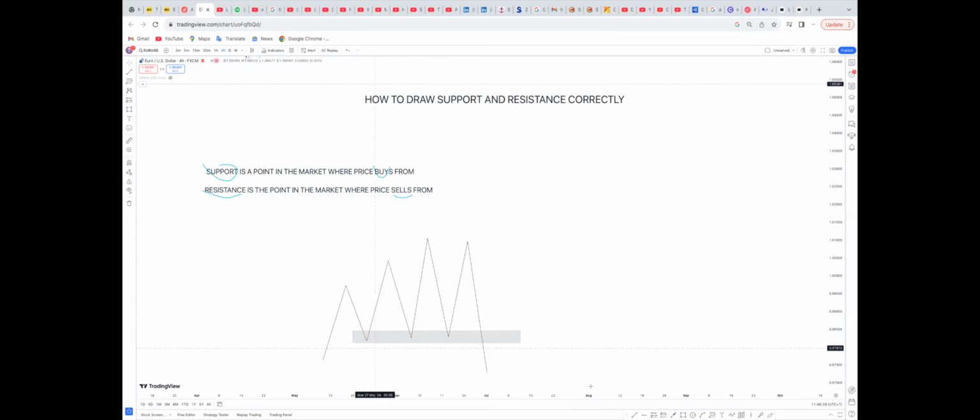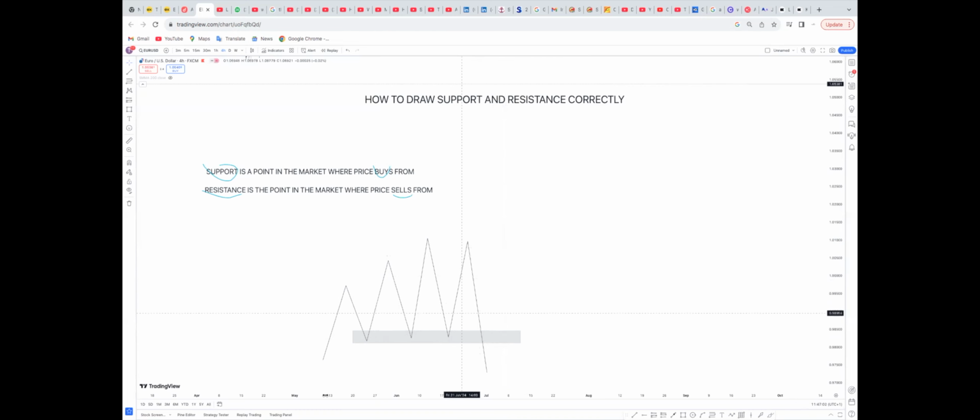Exactly, our support. Why are we going to call this our support? Because price supports from here. This is just a quick recap, right? If you want to know in-depth how to draw your lines and all of that, you could go to our previous videos on support and resistance. But right here, I'm just giving you guys a recap before we go into the market and I show you how to draw your support and resistance correctly.